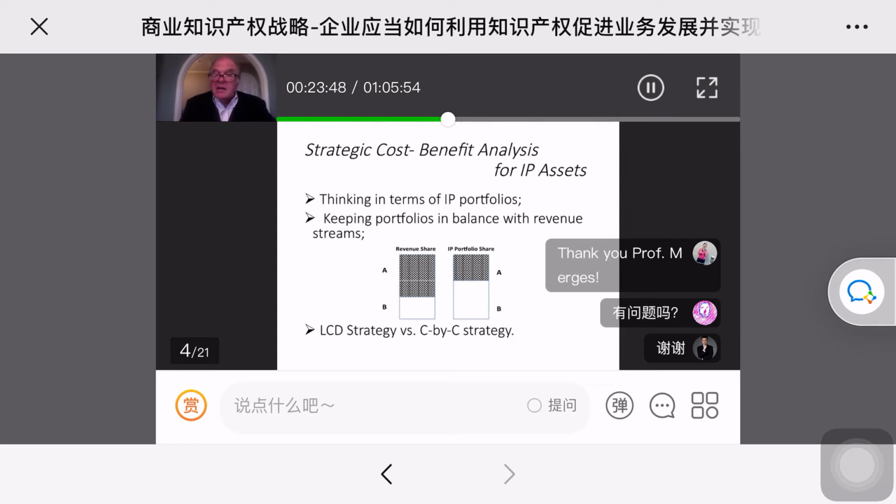LCD, the least common denominator, meaning the trademark that works everywhere, versus country by country, where you have branching or different trademarks. And each one has some advantages and costs. But that's the kind of problem that we talk about in the book.